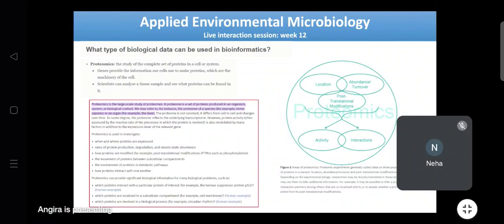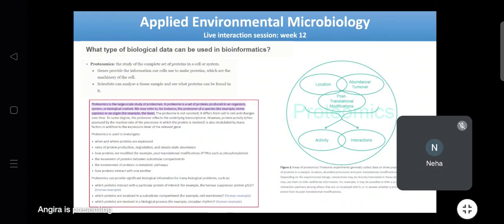In this kind of study, the genes provide information for our cells to make proteins, which are the machinery of the cells, and scientists analyze any kind of tissue or cell sample to see what kind of proteins are found inside it. This is a large scale study of proteomes, and by proteome it is meant the set of proteins that is produced within an organism or any other biological context.